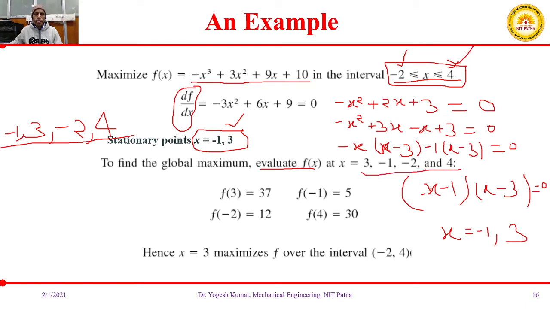I hope it is clear why we are calculating the value of function at these points. Okay, so if you calculate these values, f(3) equal to 37, f(-1) is coming 5, f(-2) is coming 12, and f(4), when x equal to 4, it is coming 30.